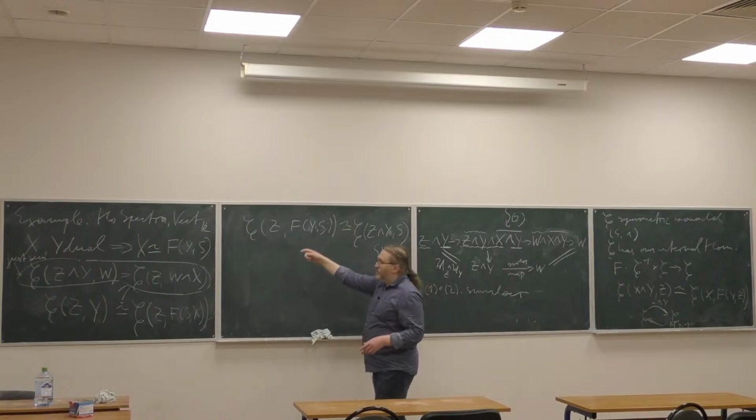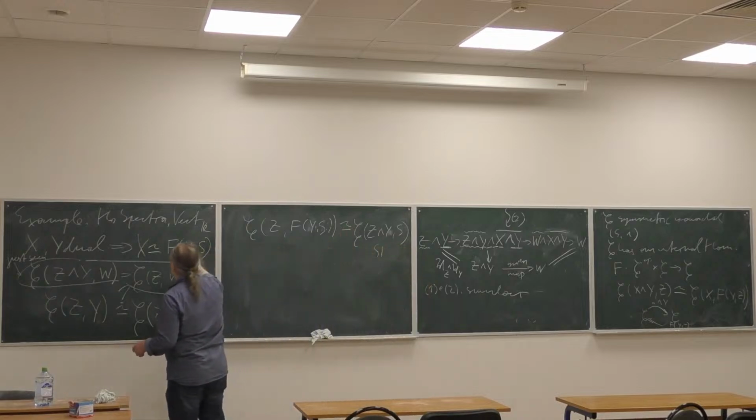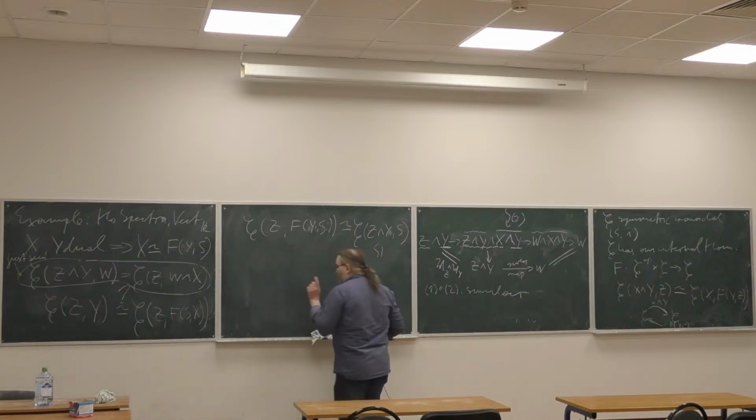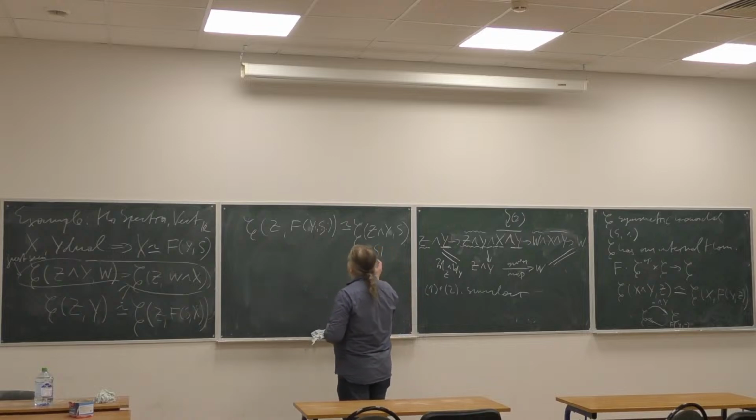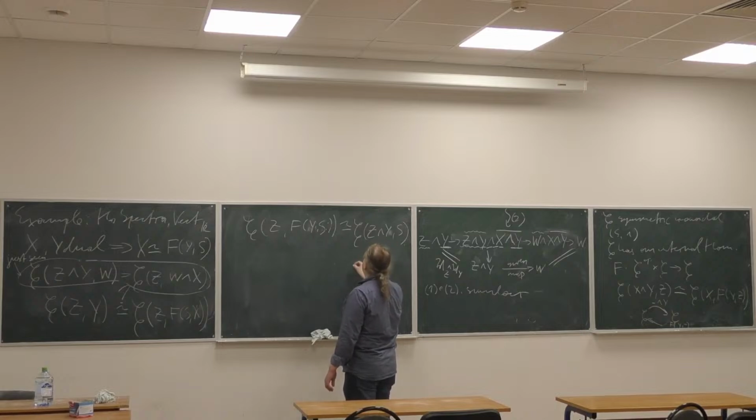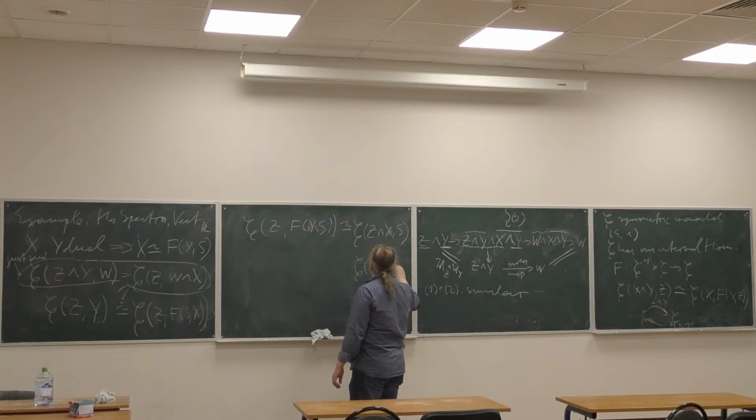I just replaced X with Y and Y with X, and in a minute we'll see why this is legal. But first, let's see where this leads. Which is this by the adjunction, and this is the same as Z wedge Y, S, and this is the same as C of Z, X.